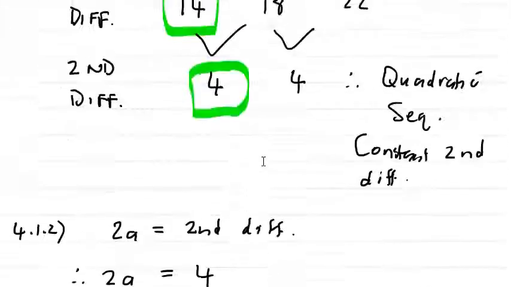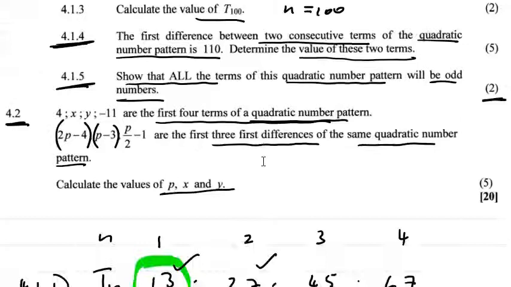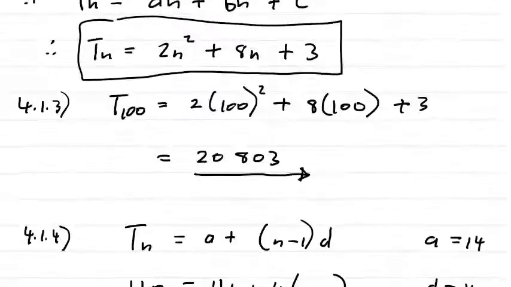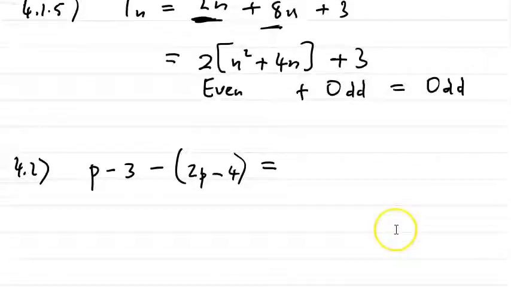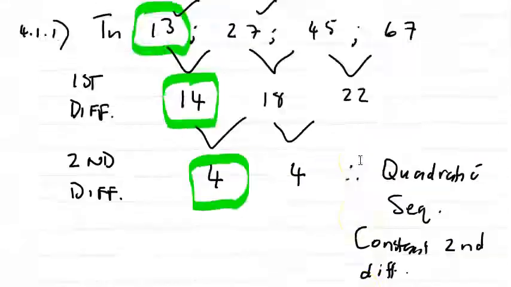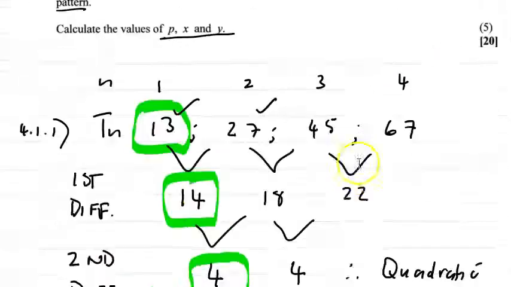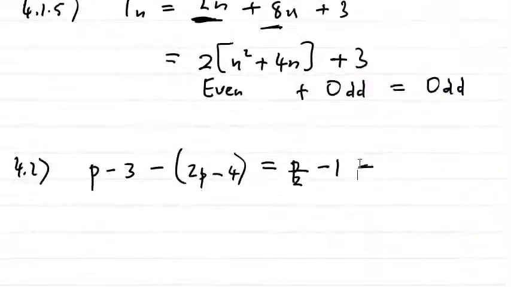I'll explain why I'm writing that it is equal. And this is now going to be essentially T3 minus T2. So p over 2 minus 1, let's write that down, and we're going to subtract the second term there, which is p minus 3.